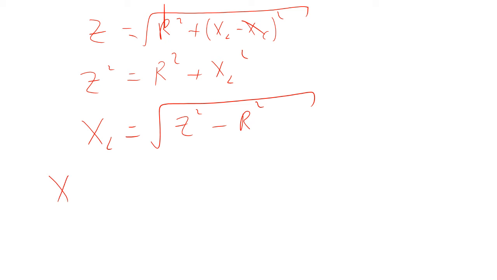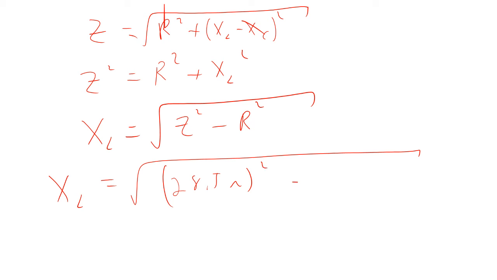So XL is the square root of 28.5 ohms squared minus 15.6 ohms squared. So XL is going to be equal to 23.9 ohms.